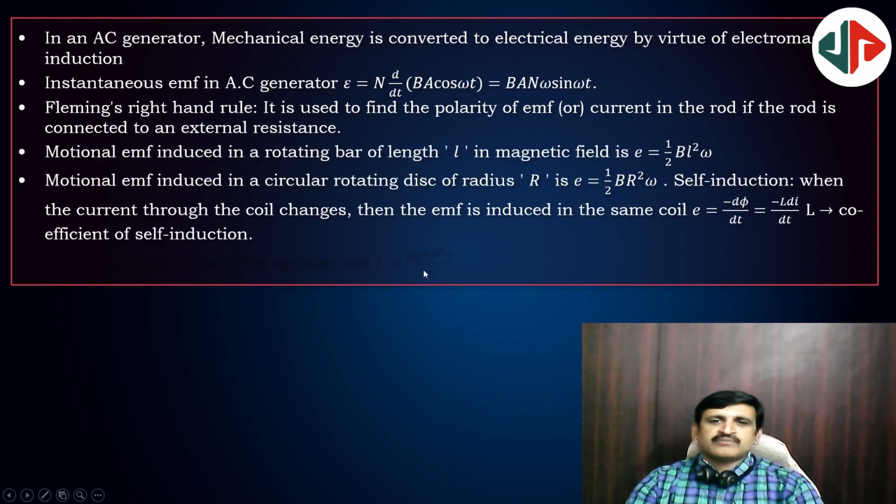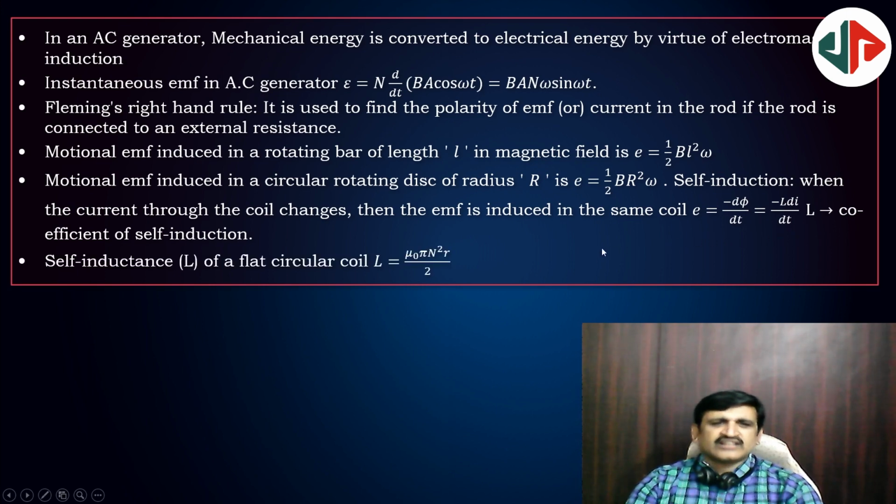Motional EMF in a rod rotating in a magnetic field is given by E equals half B L square omega. If a disc of radius R is rotated, then the EMF from center to the edge is half B R square omega. Self-induction is given by the formula E equals minus L di by dt, where L is known as the self-inductance of the coil.